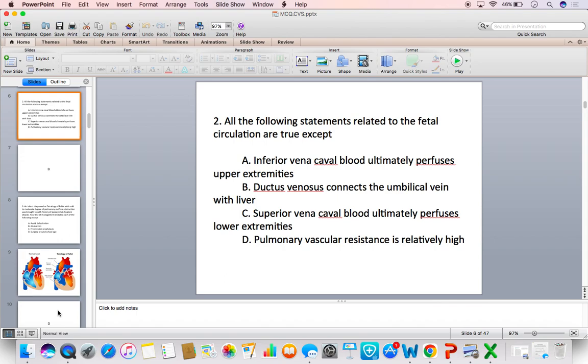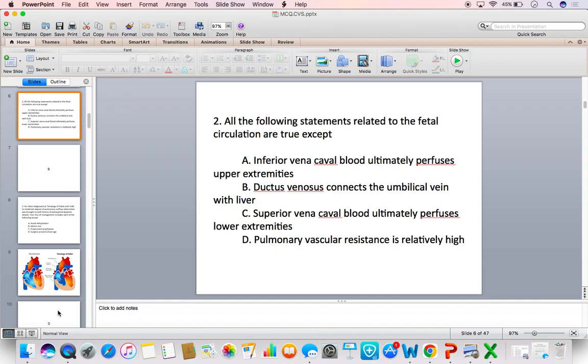As you look into the fetal circulation, inferior vena cava empties into the right atrium. On its way, it receives the ductus venosus from the umbilical vein.